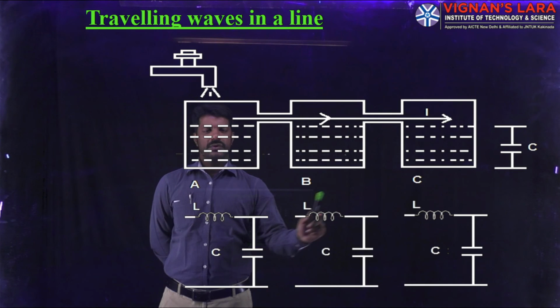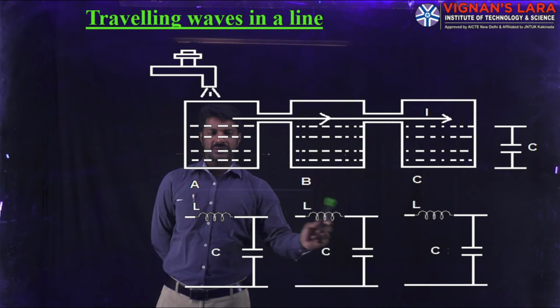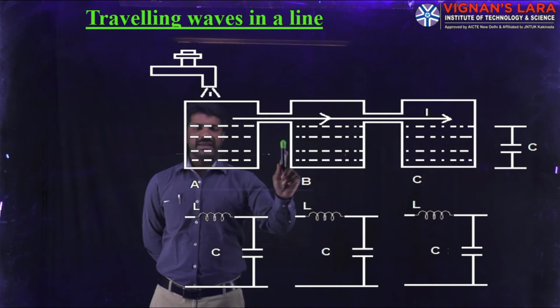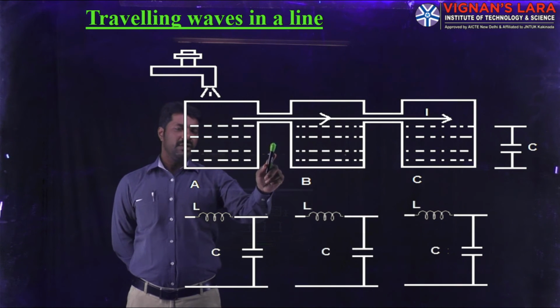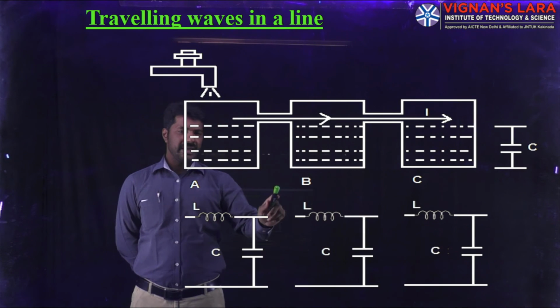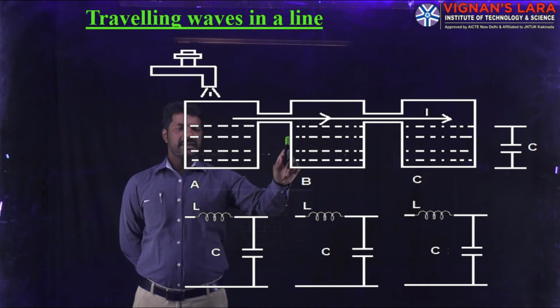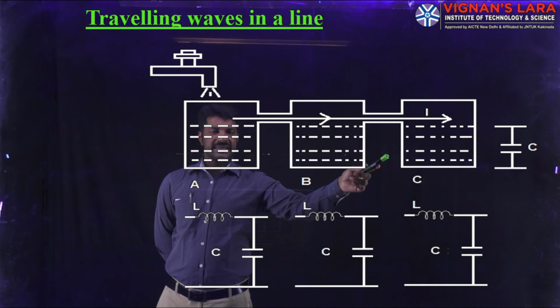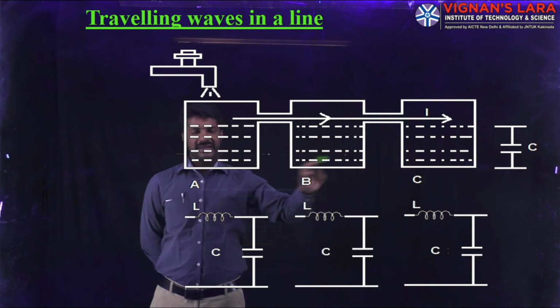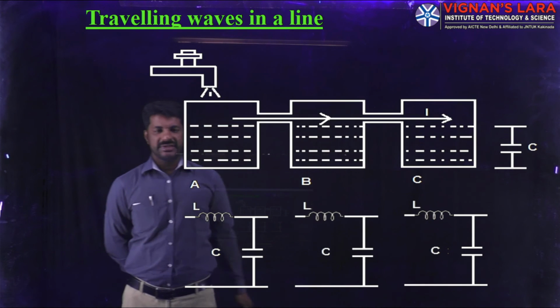The same thing holds good from the second section to the third section, where in our example we can correlate it with the filling of tank B creating a path for tank C. In the same lines, finally it will reach the destination.